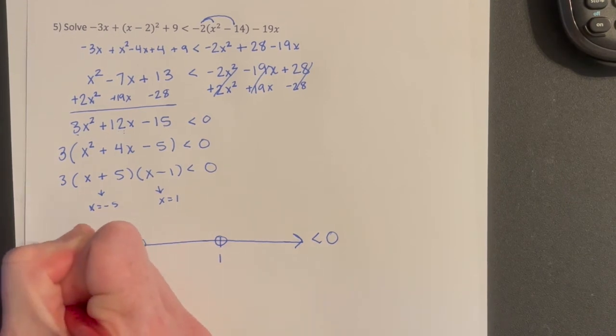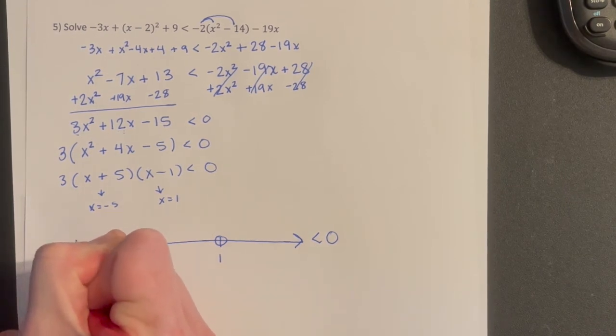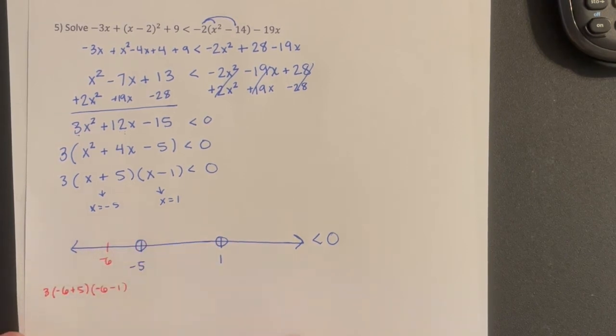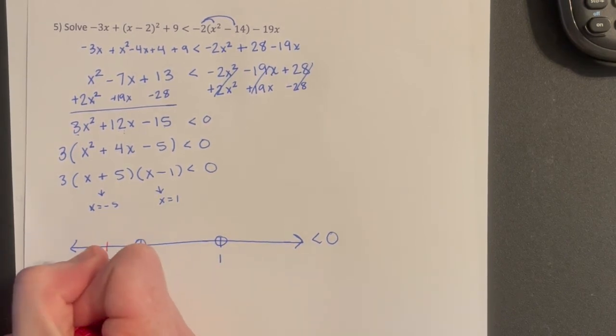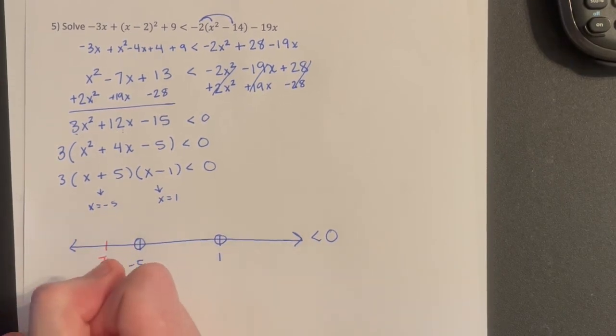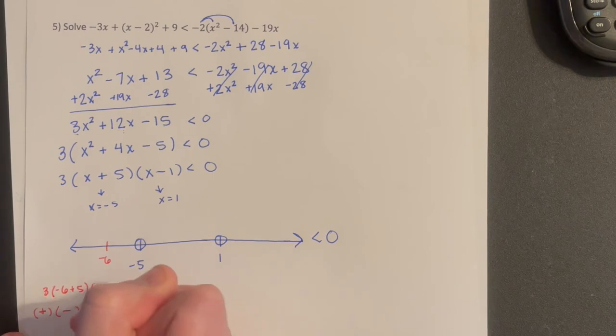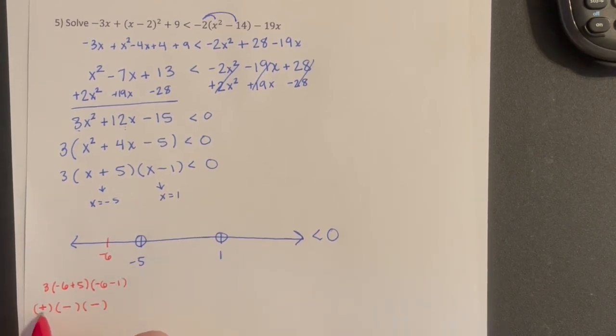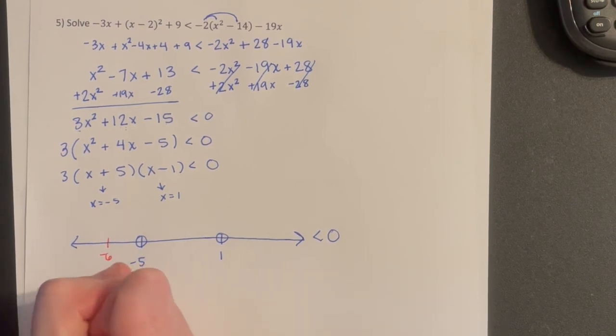So it's really 3 times -6 plus 5 times -6 minus 1. When you do that, 3 is a positive, -6 plus 5 is a negative, and -6 minus 1 is a negative. So you get a positive times a positive, which is positive.